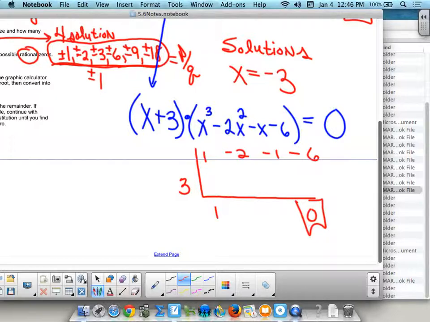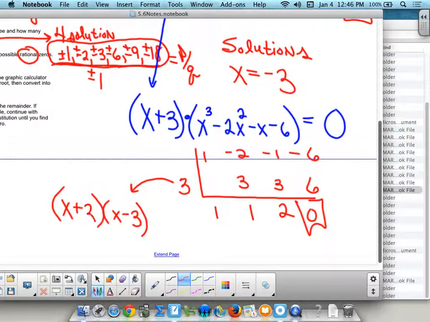Bring down the 1, multiply 3, add, multiply 3, add, multiply 6. It works. So 3 works, which means x minus 3 is a factor. -3 works, so x plus 3 is a factor. The question is, what's left?